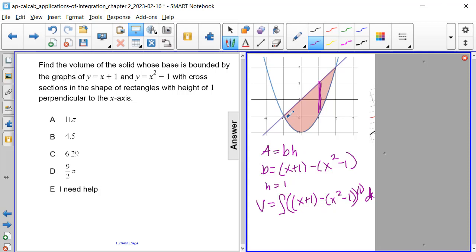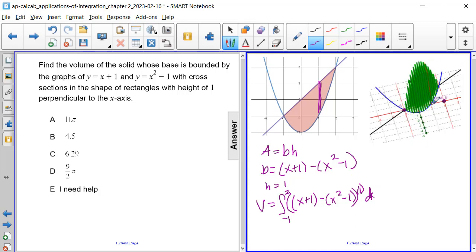And now we have to determine our lower and upper bounds. Well, it's with respect to x, so let's look at the x coordinates for our points of intersection. We're going from negative 1 all the way up to positive 2. So those are going to be our lower and upper bounds. And here is a 3D representation of what this graph would look like from one of the angles.